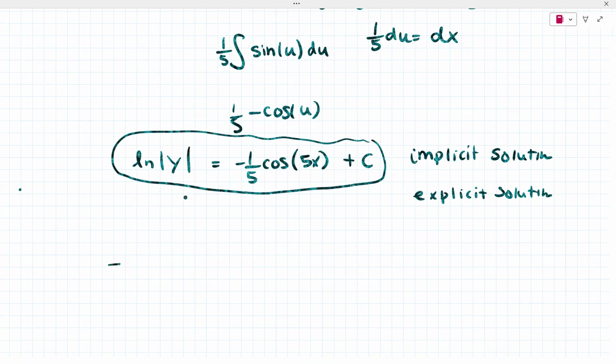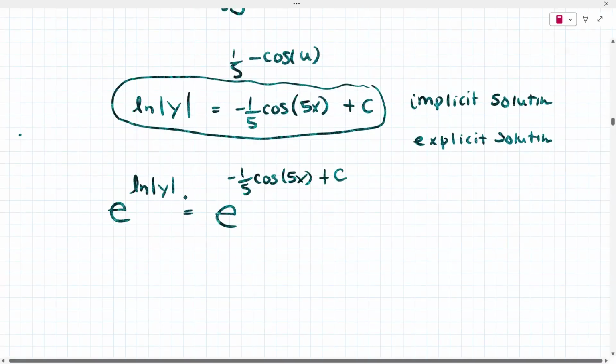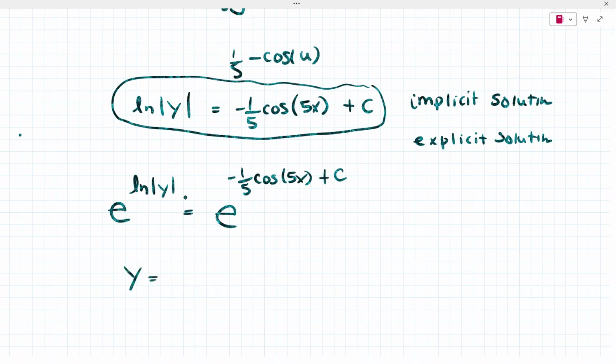So it's going to be e to the ln of absolute value y equals e to the negative 1/5 cosine of 5x plus c. Now over here, e and ln cancel, and the absolute value of y is positive y, so you could say y equals e to the negative 1/5 cosine of 5x plus c.